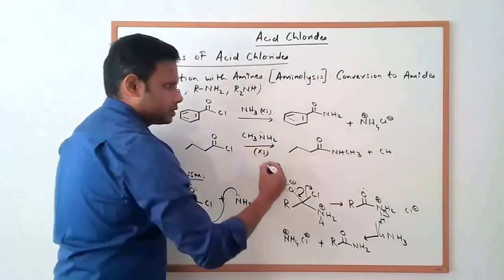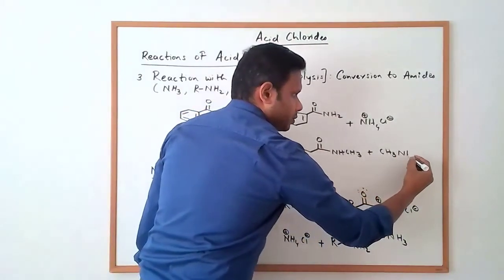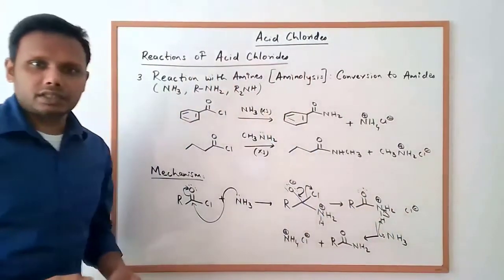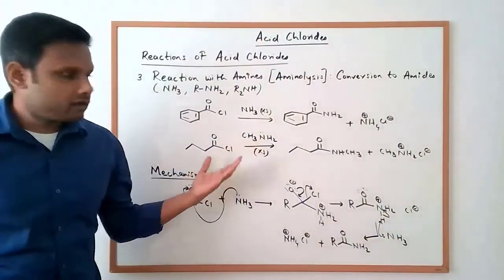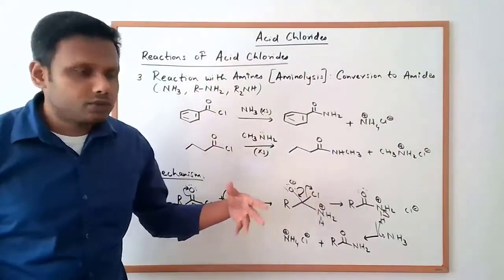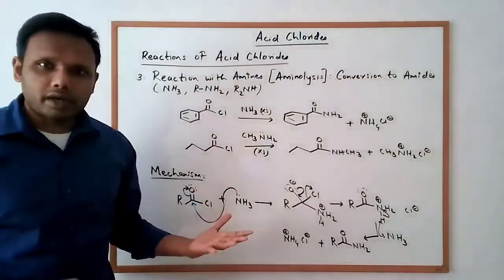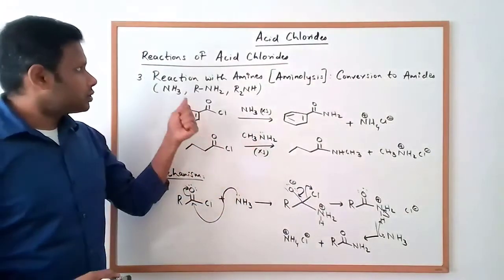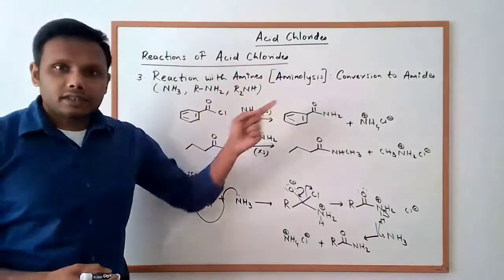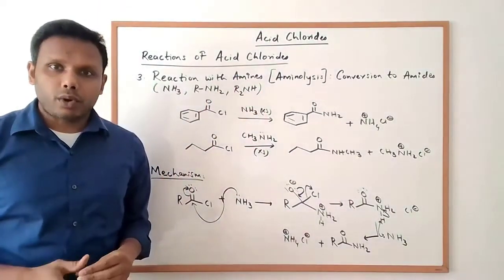And this is in excess, so we will get CH3NH2 plus, Cl minus. That would be the side product. And so similarly, if we have a secondary amine as our reactant, then our product is going to be a tertiary amide. Okay, so that's the reaction of acid chlorides with amines. It gives amides as product.